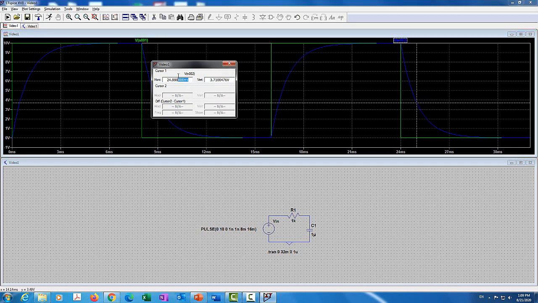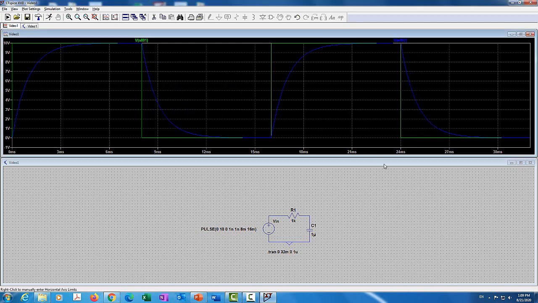And you can see one more time that it took 1 millisecond. It starts at 24 milli here, and took about 1 millisecond to drop 63%. So you can do it on the time rise, and you can do it on the time fall. That's how you can measure the time constant of the circuit.